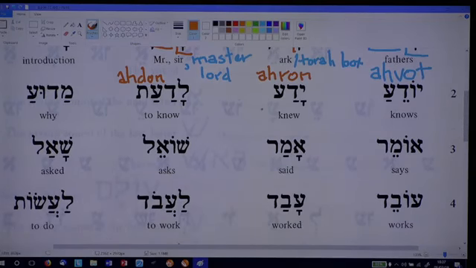Knows and knew, to know. All three of these words have something in common. What would that be? Why am I pink?